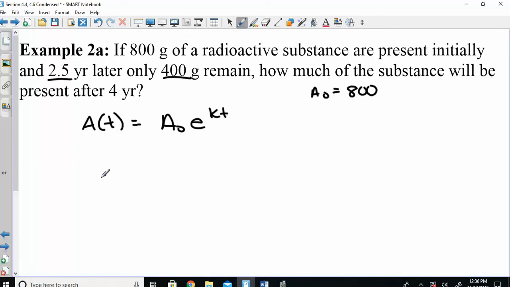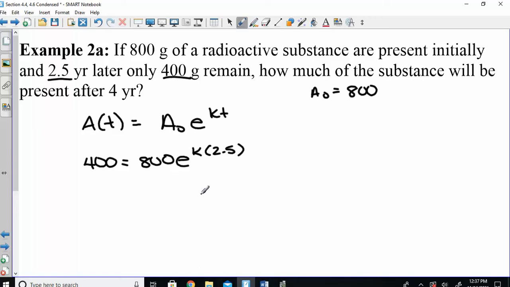So, what would my A of t be? My amount present at time t. 400 equals, my beginning amount was 800, e, I don't know K, but what's my t? Okay, so we're going to plug this in so we can find that missing K value.